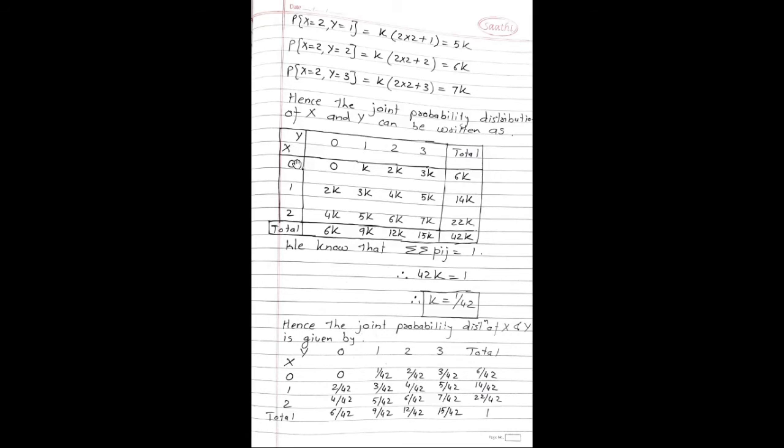Now, probability x is equal to 1, y is equal to 0: the probability is 2 by 42. So 2 by 42 divided by the marginal probability of x is equal to 1. For x is equal to 1, the marginal is 14 by 42.